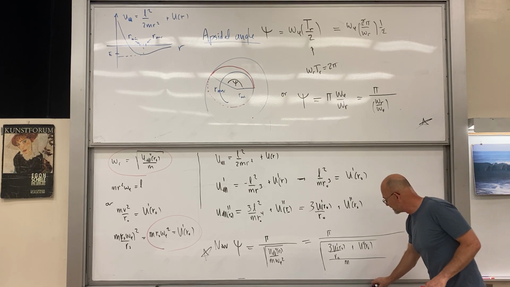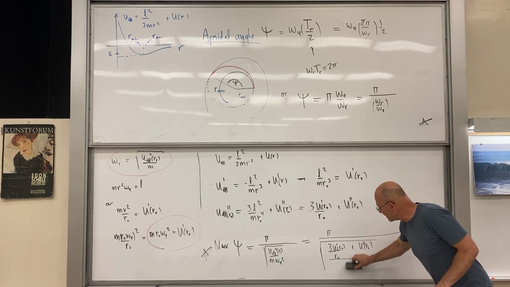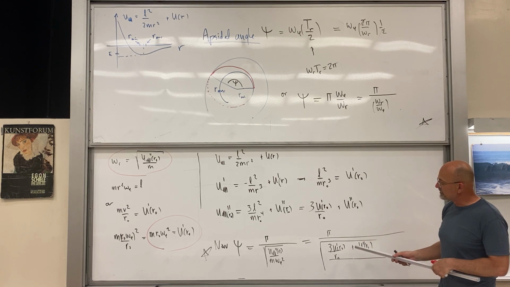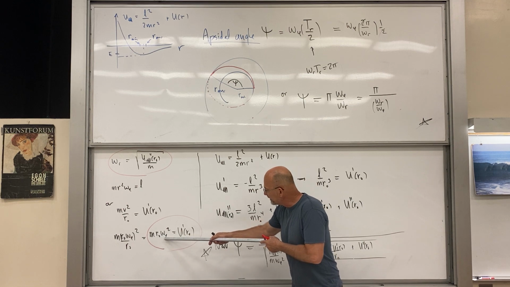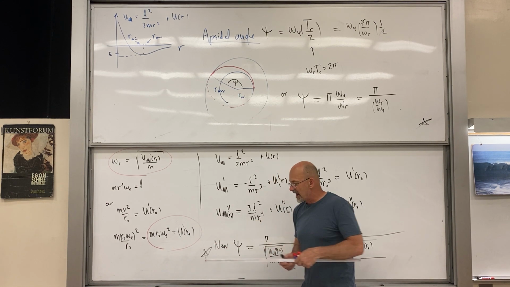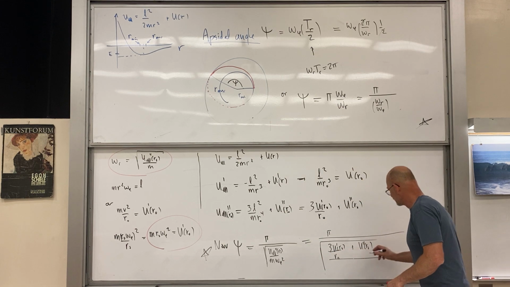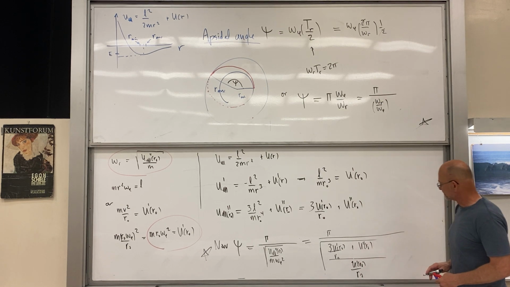But actually, we've got the divided by m omega phi squared, but the m omega phi squared is u prime of r naught divided by r naught. So u prime of r0 divided by r0.